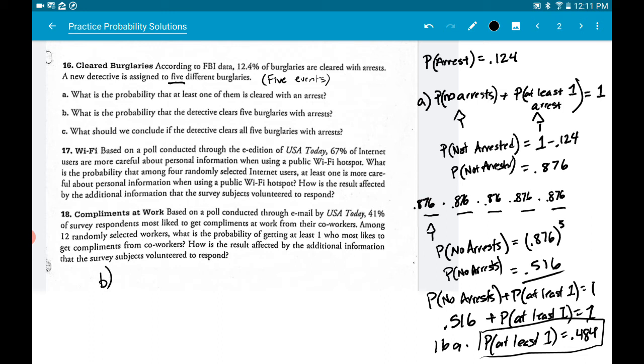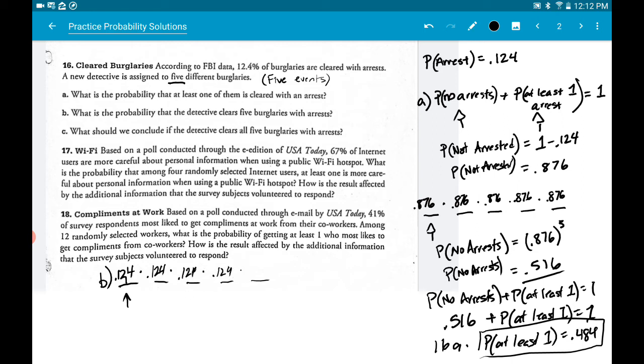All right, let's look at 16B. It says, what's the probability that the detective clears 5 burglaries with arrests? We actually set ourselves up for this. So again, we have 5 events. But now, the probability of arresting the first guy is 0.124, times another event, the next guy is 0.124, times it, 0.124, times it.